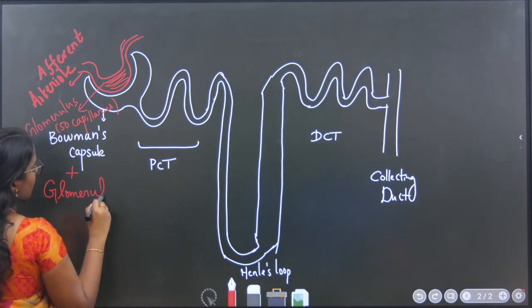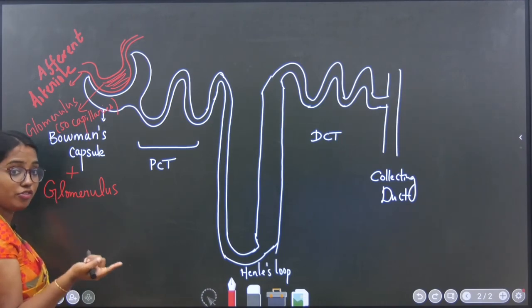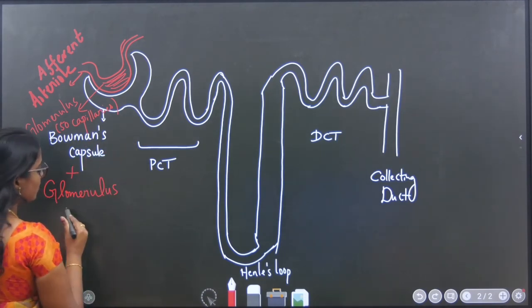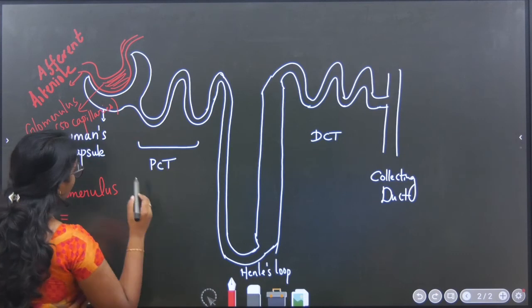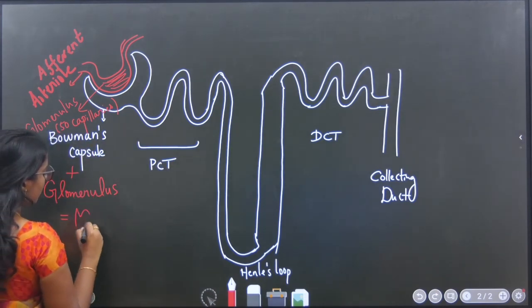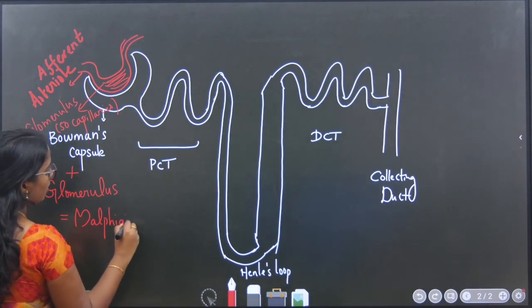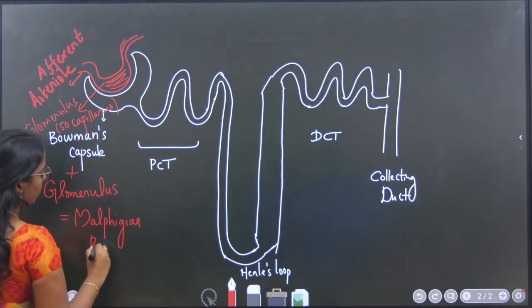Glomerulus plus Bowman's capsule. Now, here red color will come because glomerulus is a part of blood vessel, whereas Bowman's capsule is a part of nephron. So, glomerulus plus Bowman's capsule is together called Malpighian body.